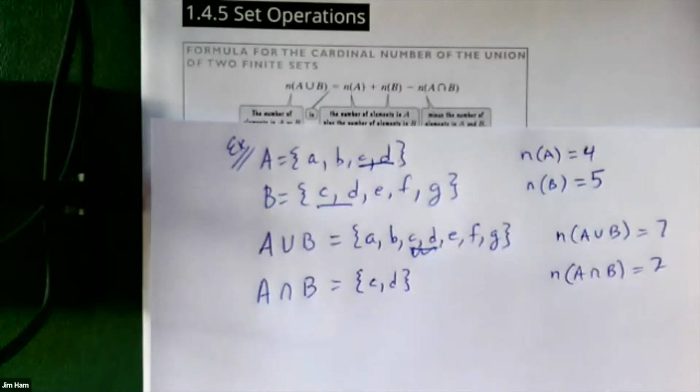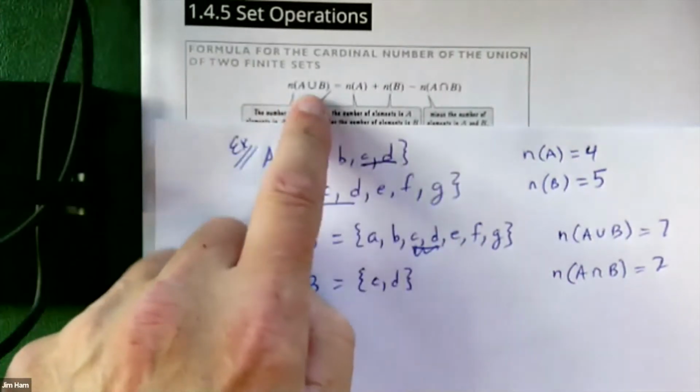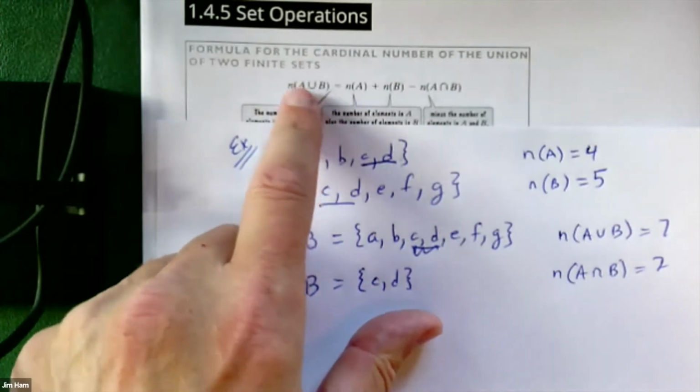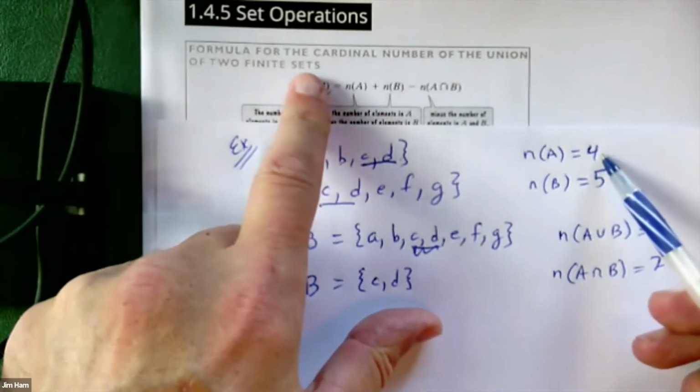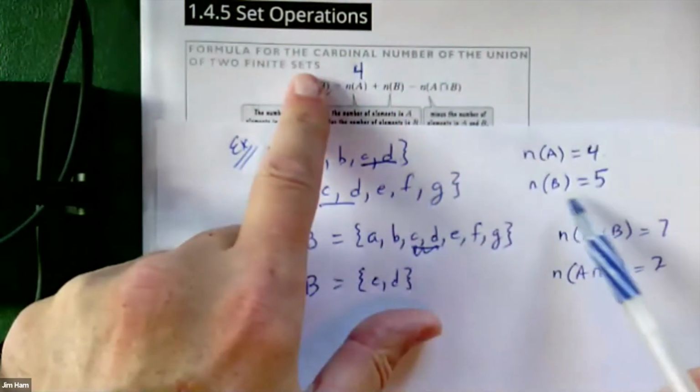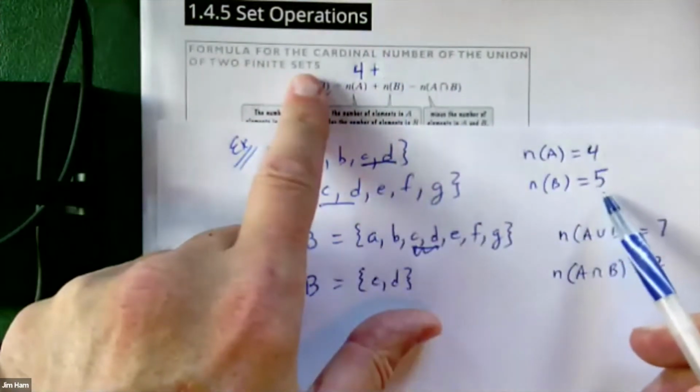All right, let's apply this now. If we were looking for the number of elements in the union, we would take the number of elements in A, which is 4, and add that to the number of elements in B, which is 5.